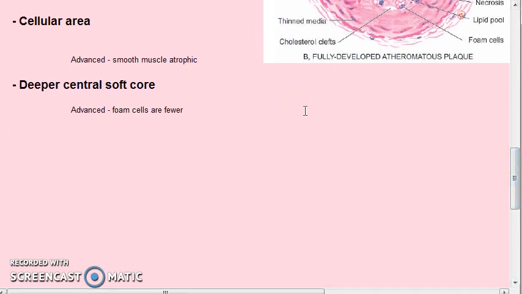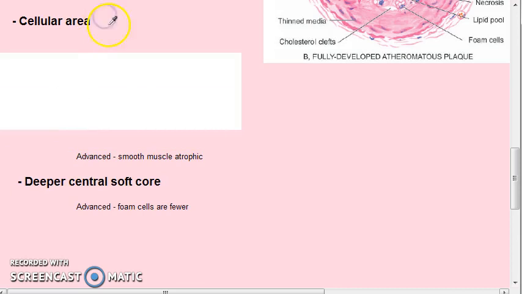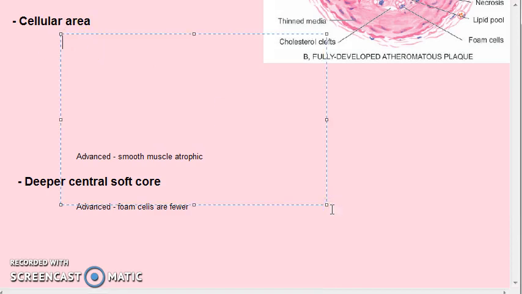The cellular area will be there under the fibrous cap. It is comprised of a mixture of macrophages, foam cells, lymphocytes and a few smooth muscle cells which may contain lipid. So let's add that information here. The cellular area is below the fibrous cap.